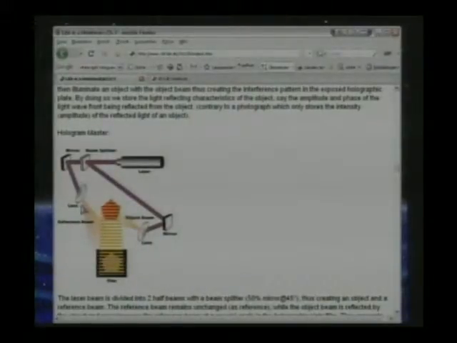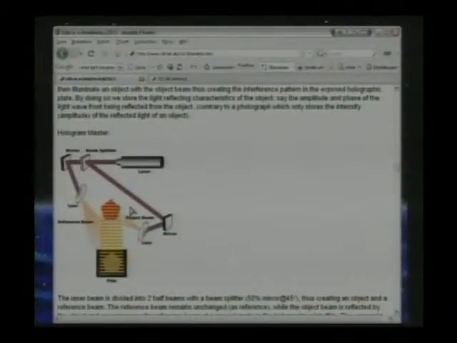So this is used as a reference only. The 3D information of the object being reconstructed is only stored in the object beam. So you use the other beam, which is called the object beam, also mirror, also lens, widen it up, and direct it on the object.